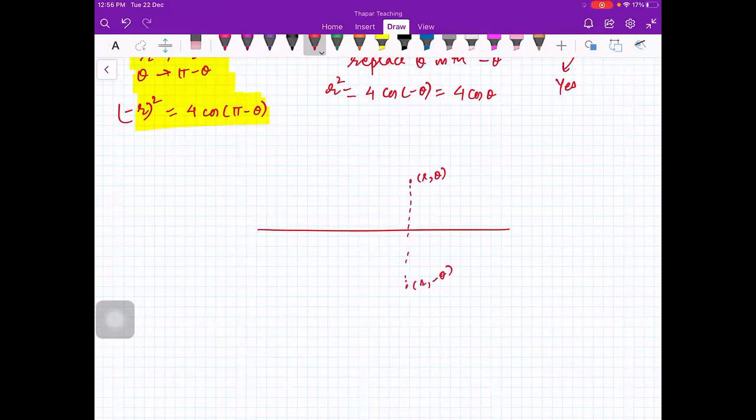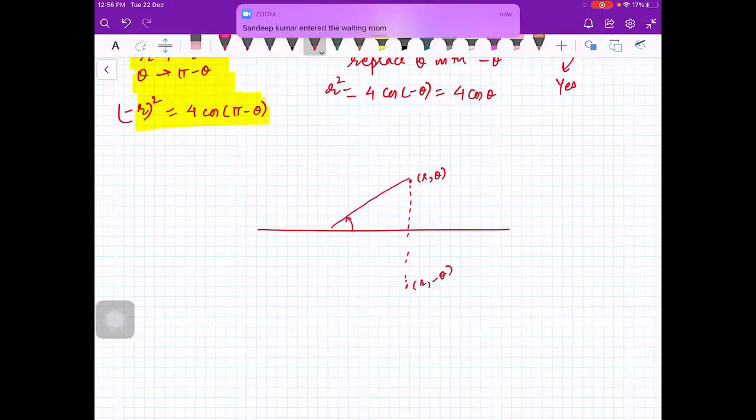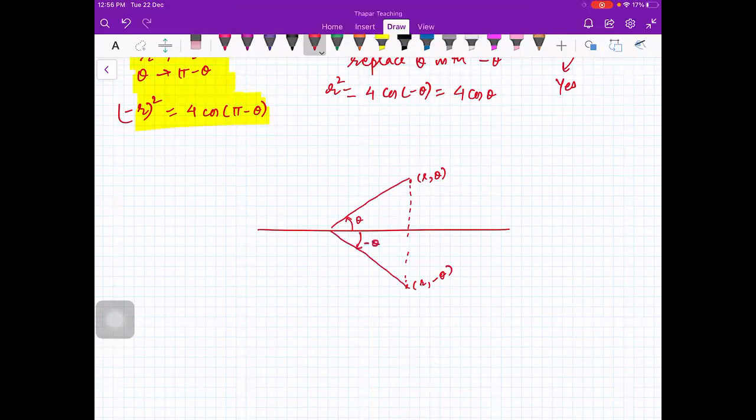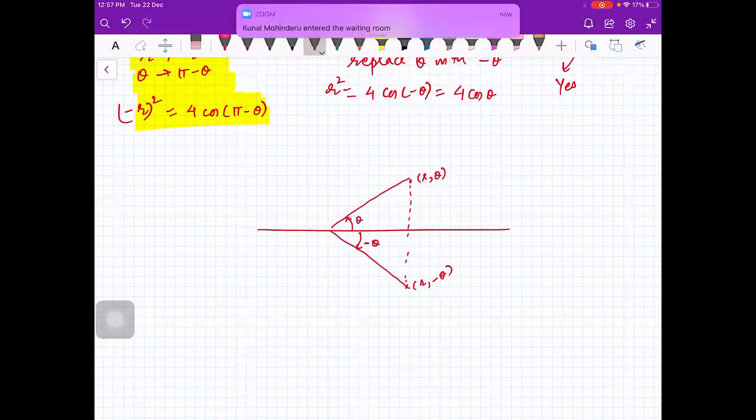Now, what is the name of the reflection? R comma minus theta. Right? So if this is theta, then this is minus theta. Ma'am, but if we extend the line of r comma minus theta backward, the angle we measure will be from the axis. It is not minus r.